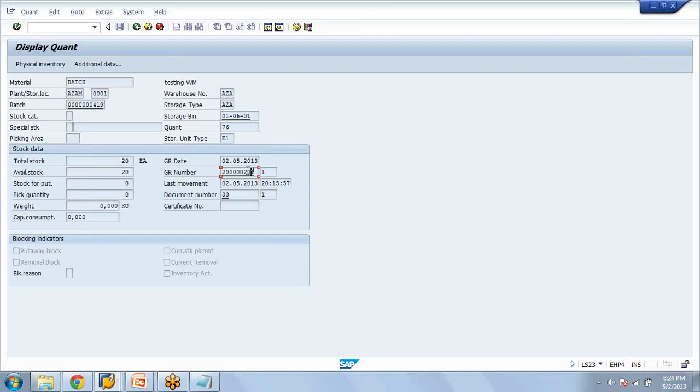Each time a new quant is created with that GR date, so today with 02 and tomorrow with 03, a new quant is created every time in a different storage bin. Finally, if all the storage bins are used, the system will tell you there is no empty bin, so you need to do the supervising again.